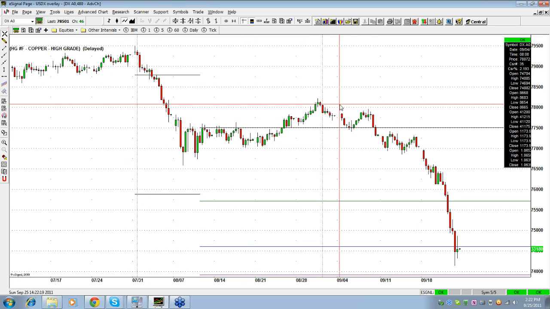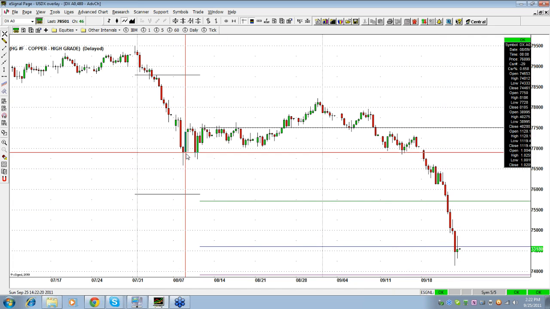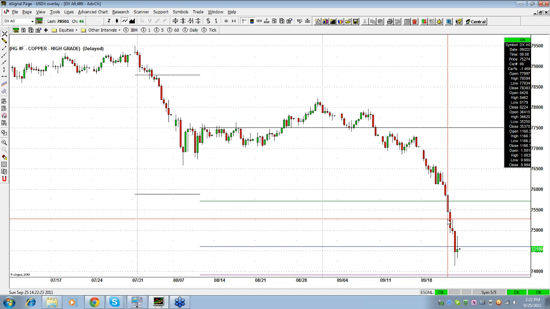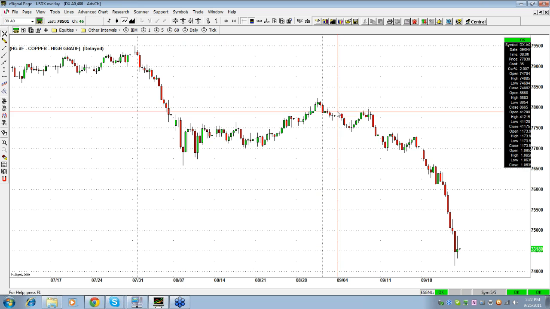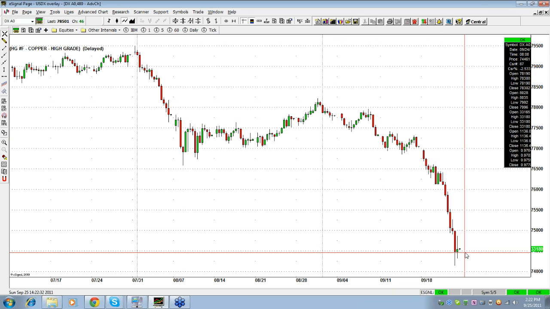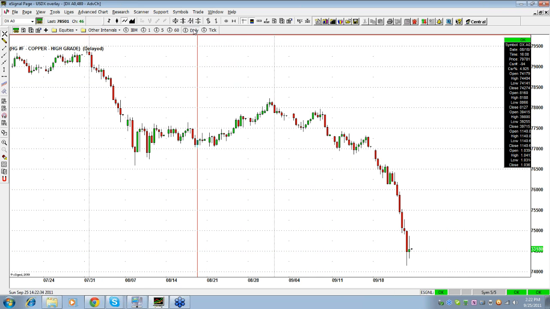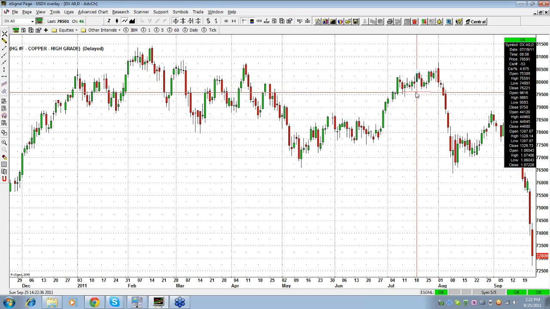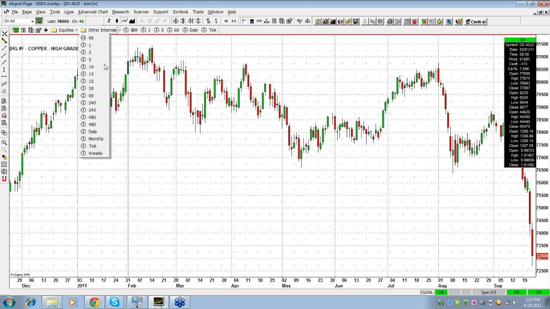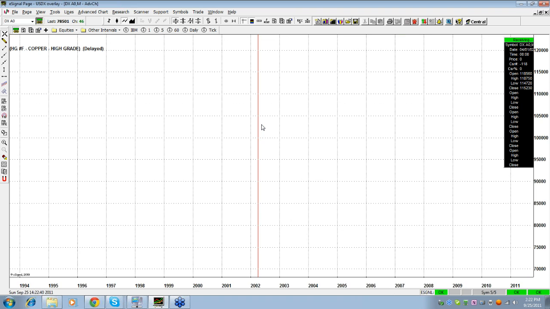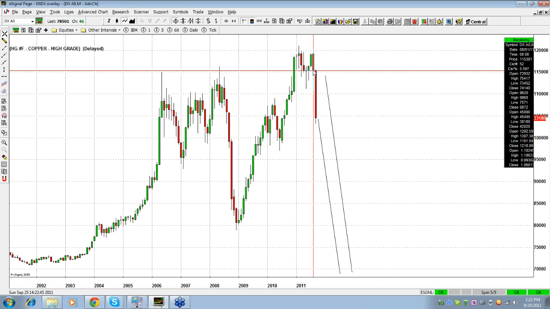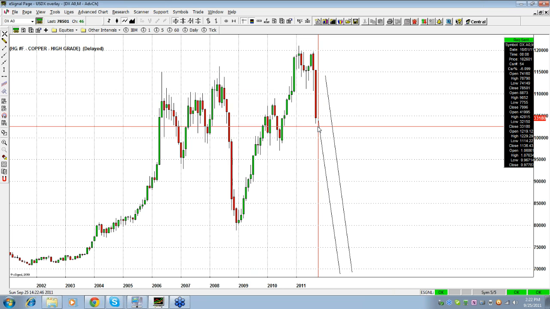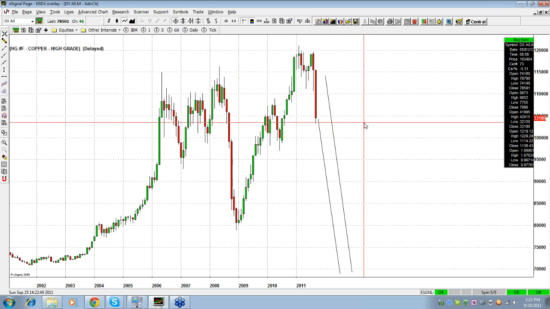But it's telling me that either he's doing a three-wave move, which is possible, and that being the case, he needs to end this move, because remember, if you take a look at the daily chart and the weekly in copper, he doesn't need to drop in five waves. It's very powerful. It looks like it's going to be a five-wave move.